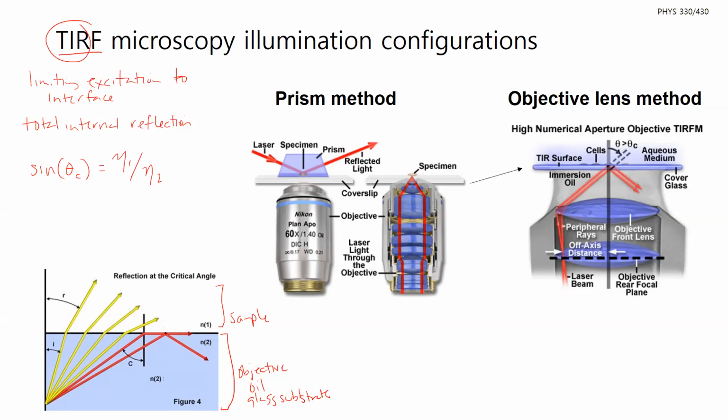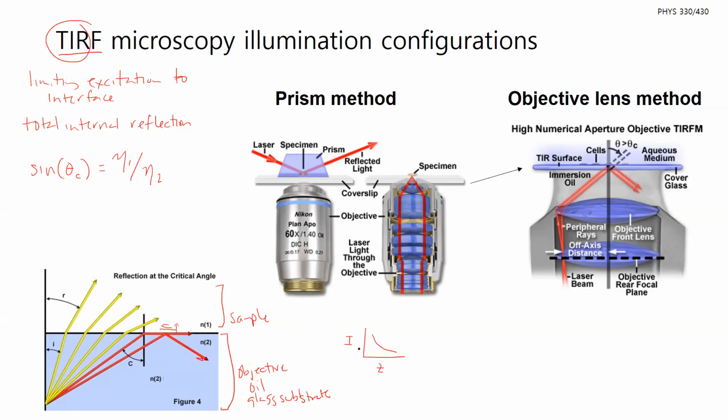And when total internal reflection occurs, most of the light is reflected back, but if we go to Maxwell's equations, you can't have all the light be reflected back without having problems with the equations there. So what you get is, at the sample, a small amount of light that enters, and this light decays exponentially with the distance from the interface.